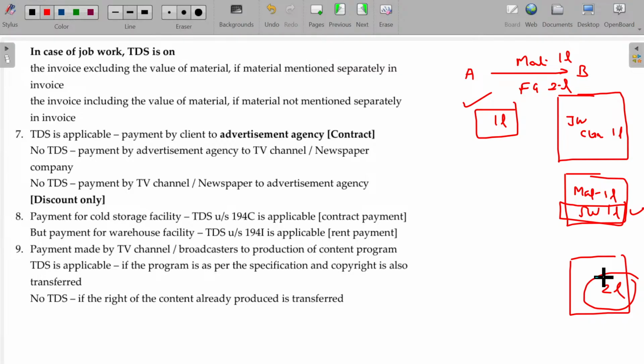If you are able to find the material value separately in the invoice, TDS is applicable only on the job work, not the full value. If it is not demarcated or separated in the invoice, then you have to deduct TDS on the whole value. In case of job work, TDS is on the invoice excluding the value of material, provided the material is mentioned separately in the invoice. The invoice including the value of the material, the 2 lakhs, will be considered for TDS purpose if material is not mentioned separately in the invoice. Is that clear?